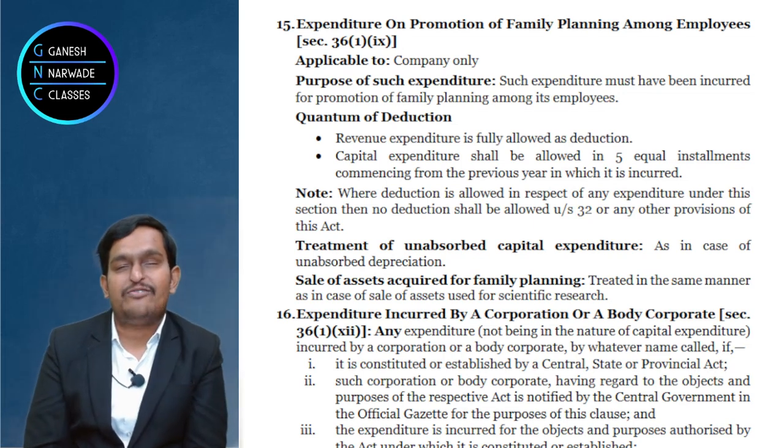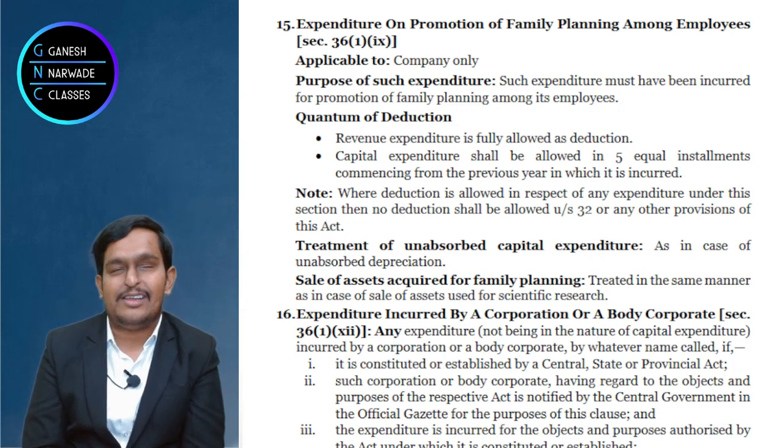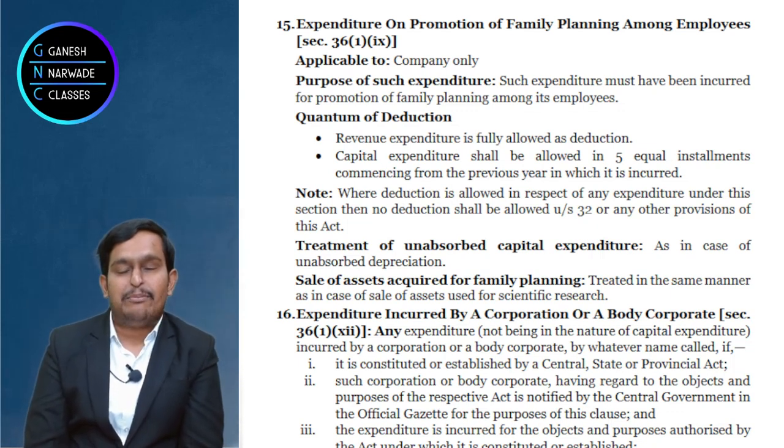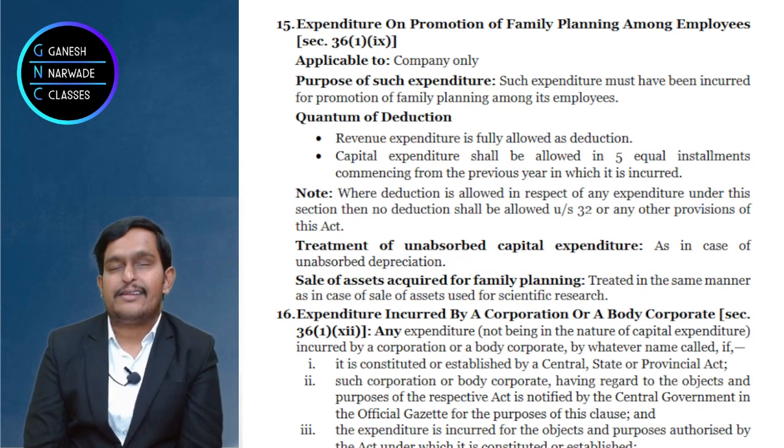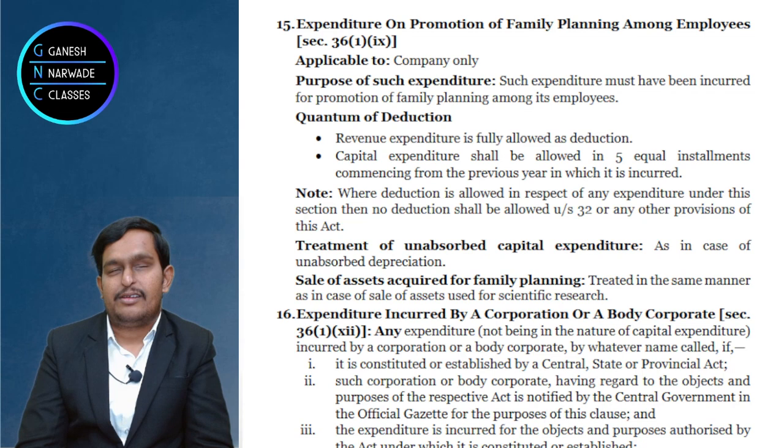Now expenditure on family planning, section 36 subsection 1 clause 9. Family planning expenditure. Now for companies they said something, I'll discuss first. For companies, if the expenditure is revenue expenditure, 100% is allowed as deduction.